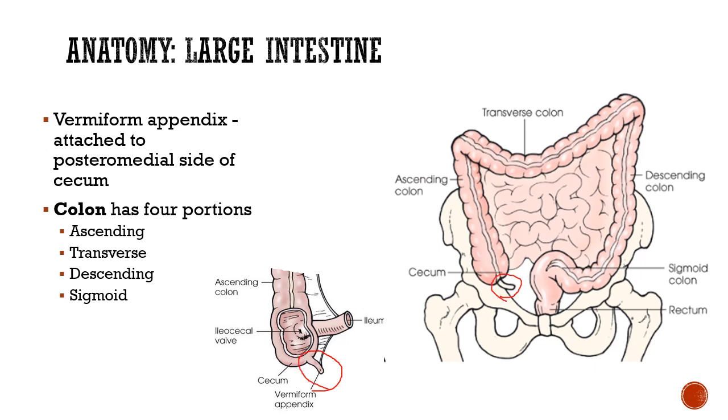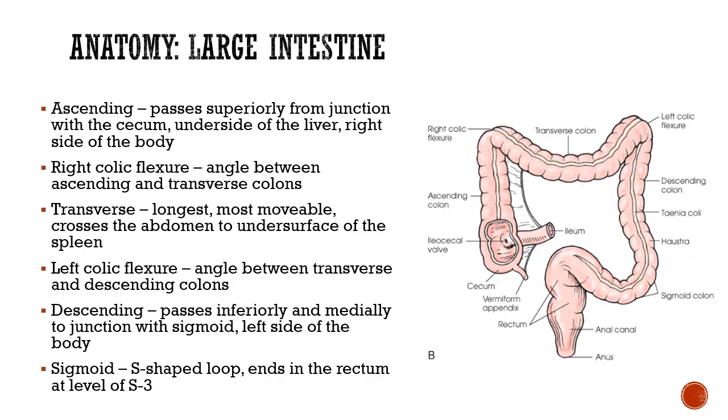Now the colon has 4 portions, as I mentioned earlier. It has the ascending colon, the transverse colon, the descending colon, and then the sigmoid colon. The ascending colon passes superiorly from the junction with the cecum, to the underside of the liver, and is on the right side of the body. So this is the right side over here, and here's the left side.